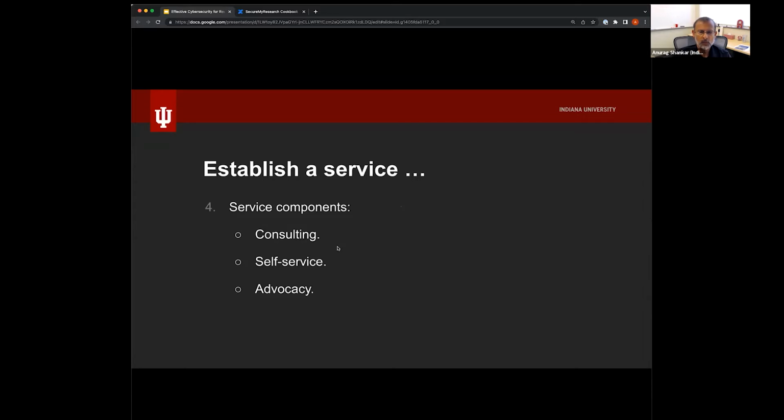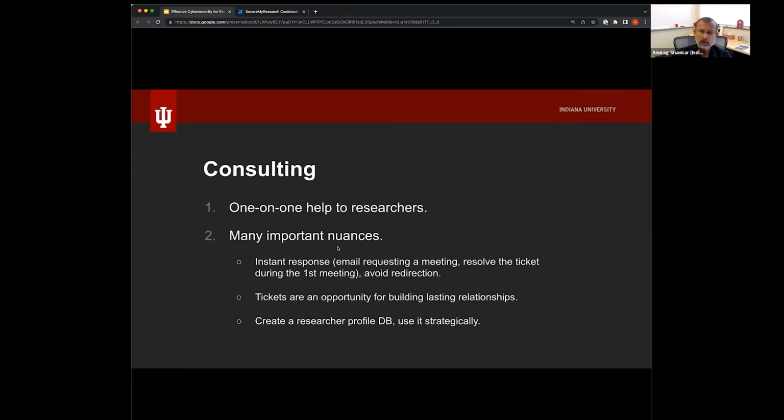The service that we provide has three components, and again, we recommend that's how it should be implemented. One is consulting, self-service, and advocacy. By consulting, it means what you think it means. It's just one-on-one help to researchers. However, we have learned many nuances involved in being successful, and I enumerate that in the paper.